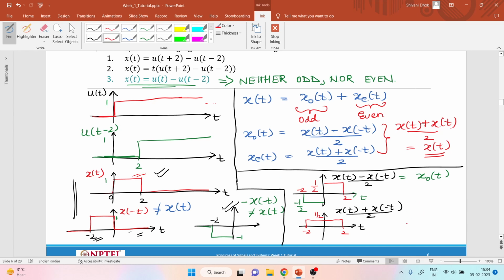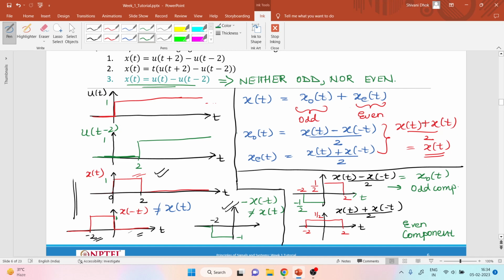So this is the even component. This is my even component. And this is my odd component. So this is all about this question.